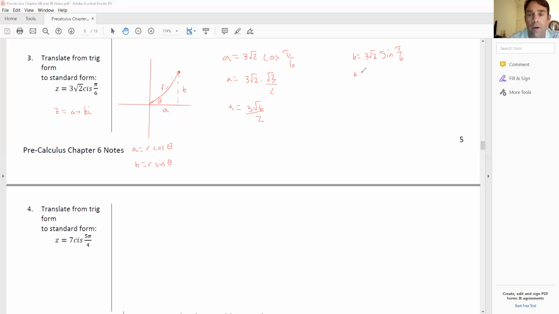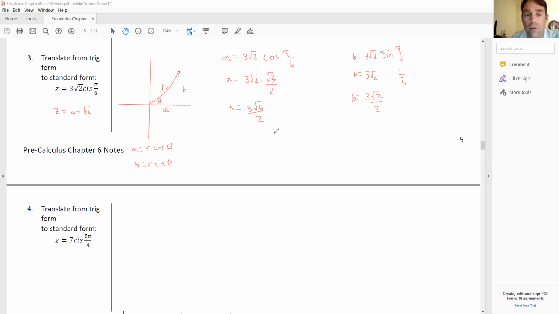When I plug my B value in, I get 3√2 times sine of pi over 6, which is 1/2. So that means I end up with 3√2 over 2.